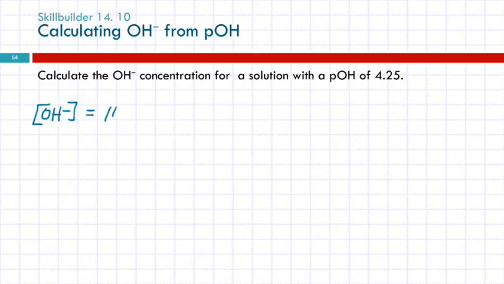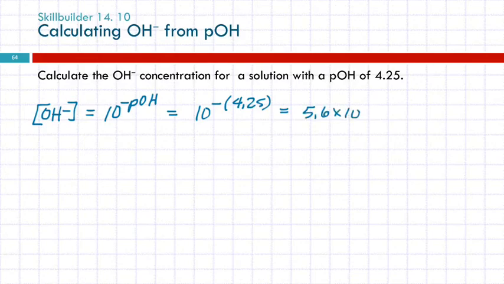So hydroxide ion concentration is 10 to the minus pOH. So 10 to the negative 4.25 is 5.6 times 10 to the minus 5. Any questions?